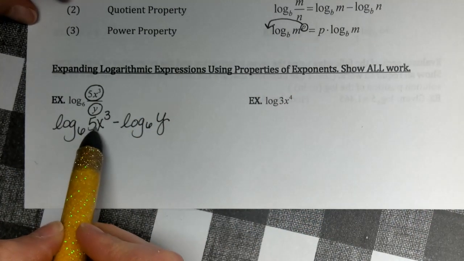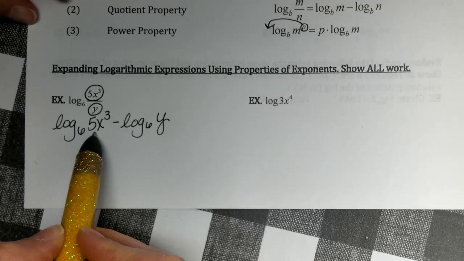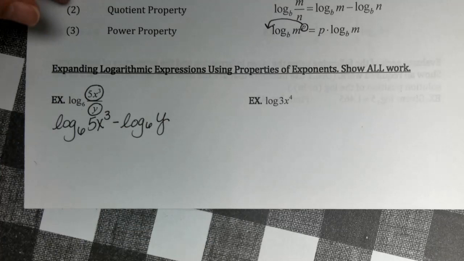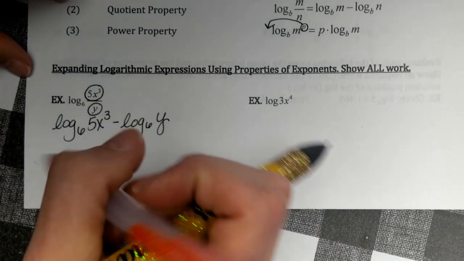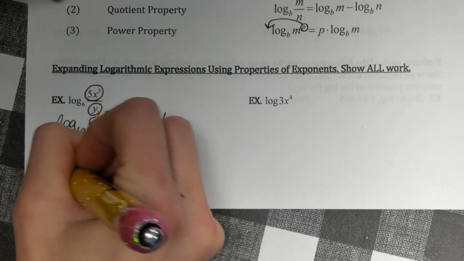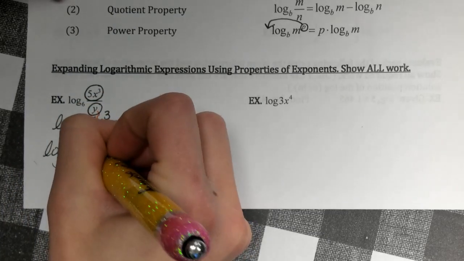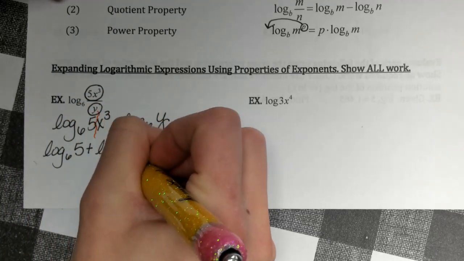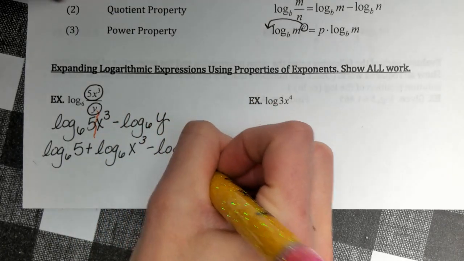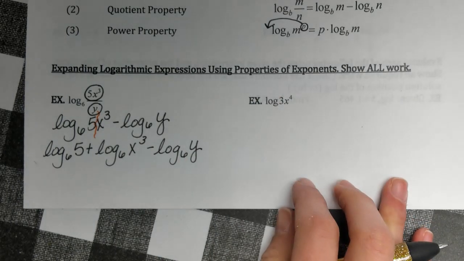Now I need to separate what's being multiplied. You'll follow me? So I need to separate that 5 and that x cubed. So I'm going to have log base 6 of 5 plus log base 6 of x cubed minus log base 6 of y.